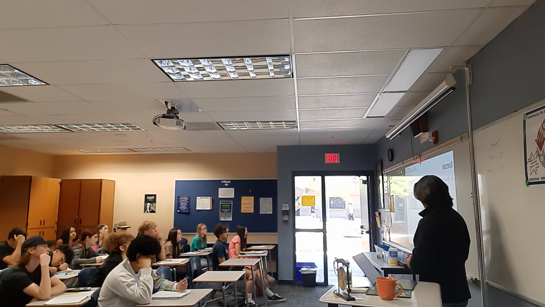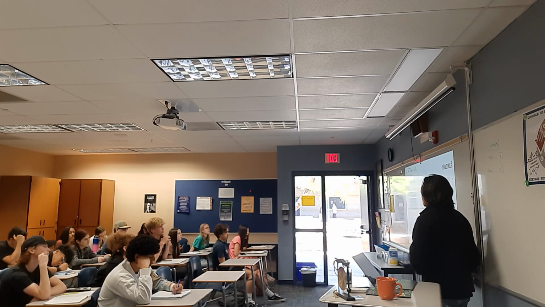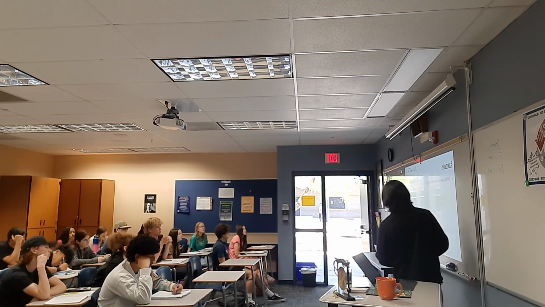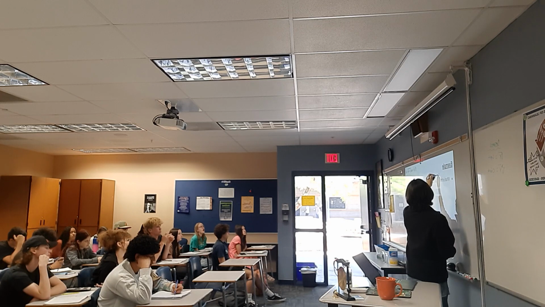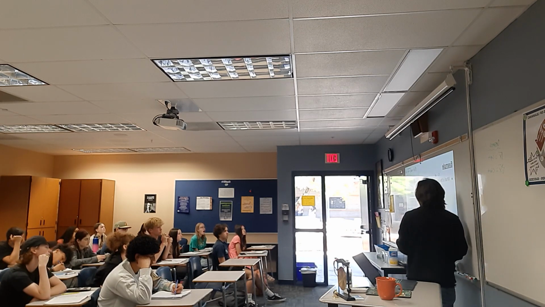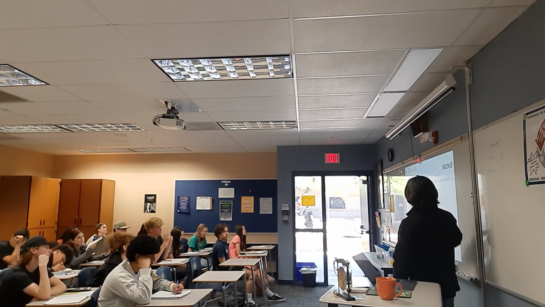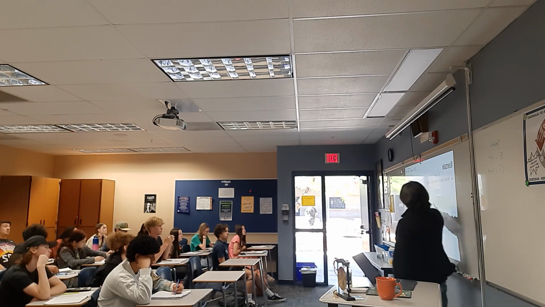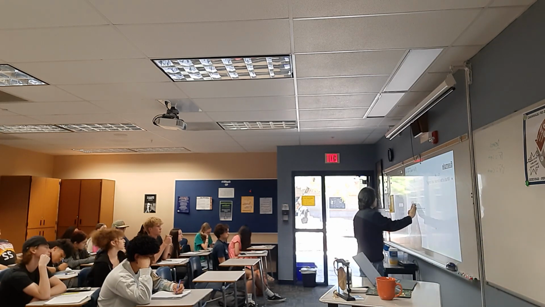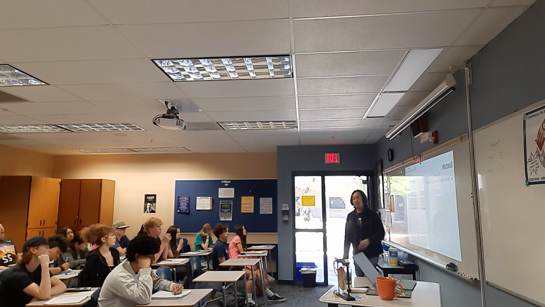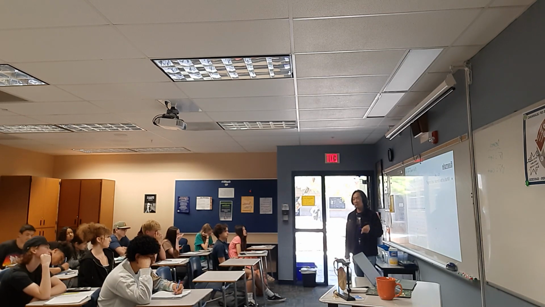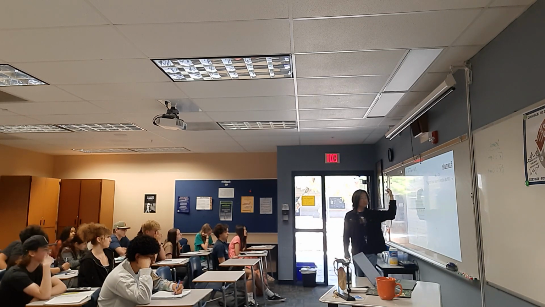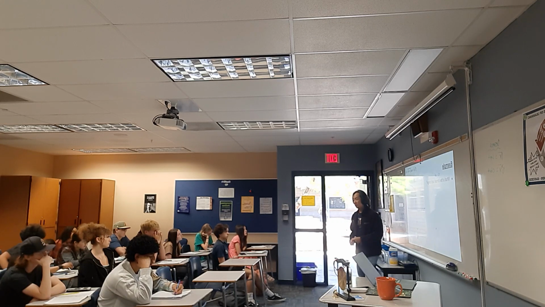Ethan, what do you think the domain is? 0 to infinity, with a bracket at 0. The reason I'm putting a bracket is because your x can be 0. Remember, you can take the square root of 0. That's fine. It just can't be anything less than 0. So it's 0 to infinity. That's your domain.